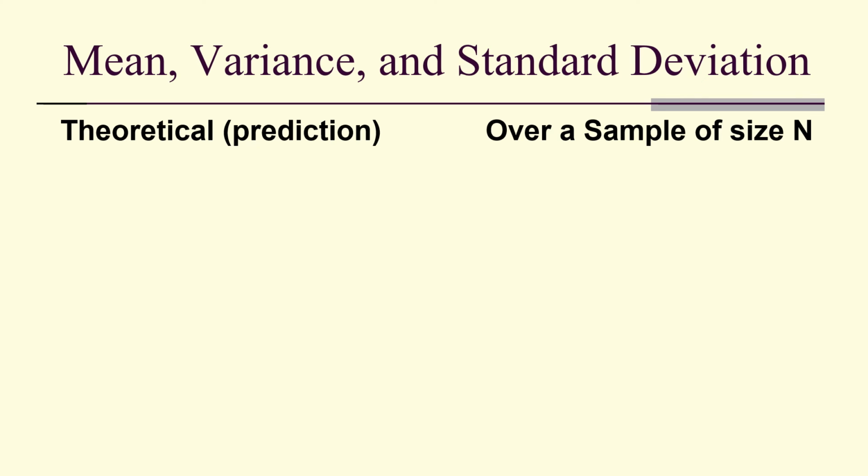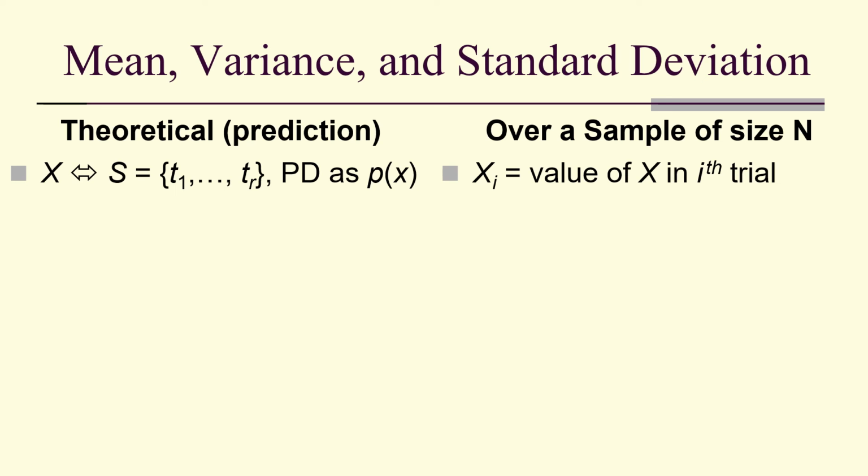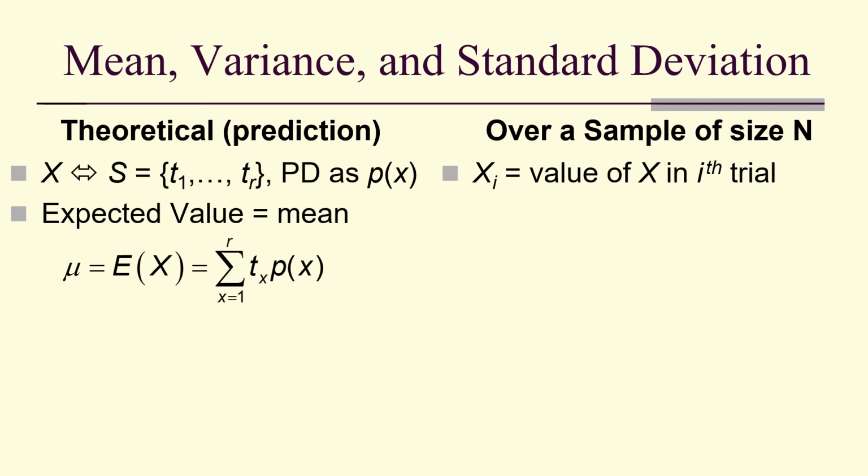So let's compare further. We have theoretically a variable x associated with a set S with a probability distribution, over a sample of size n. We have trials, x sub i. The theoretical expected value is defined in terms of the elements in the sample space and the probability distribution.